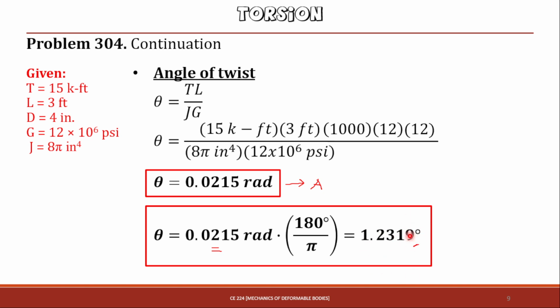So, may slight difference pero in the long run, pagka nag-round na kayo agad dito ay baka magkaroon kayo ng malaking error. Okay? So, ayan. So, this will be yung solution natin for problem 304. So, the angle of twist is 1.2319 degrees.